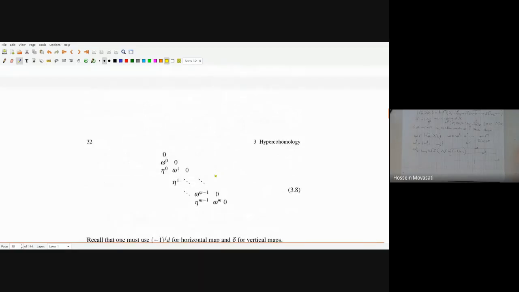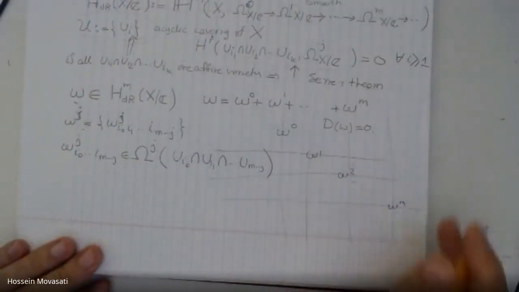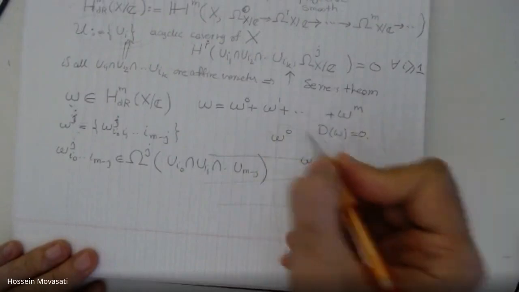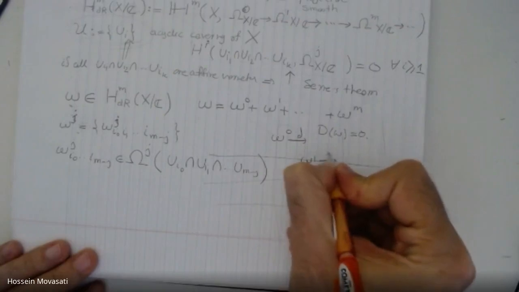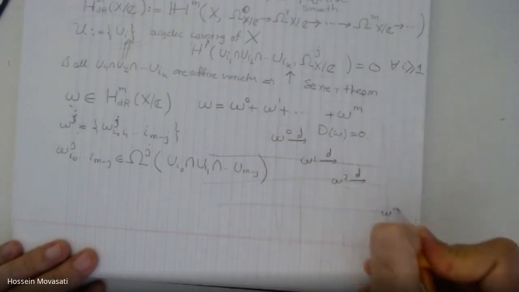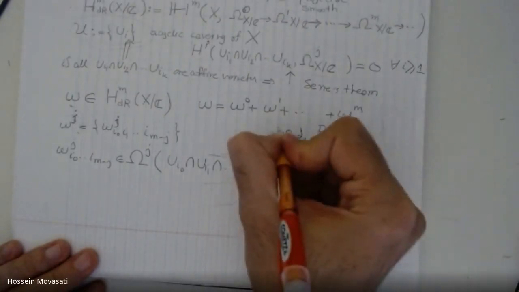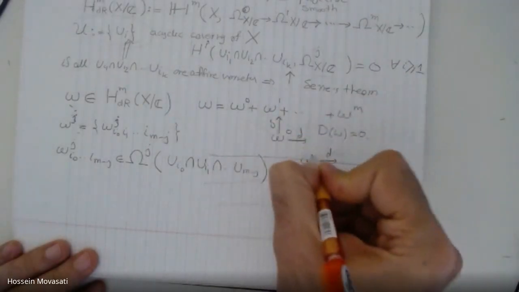Okay, let me again write down in the paper. So the idea is that, just to remember, in this direction we have these, and going up are deltas.